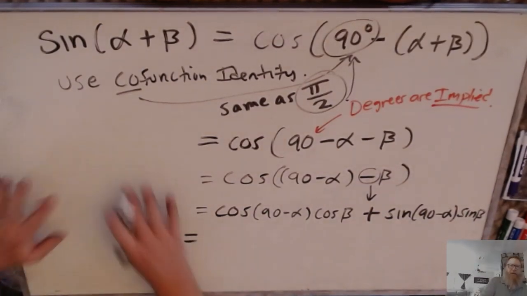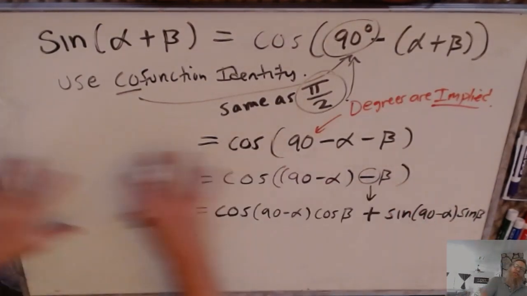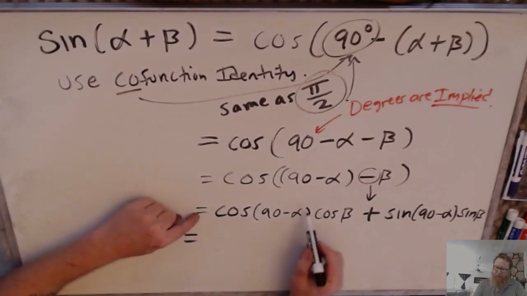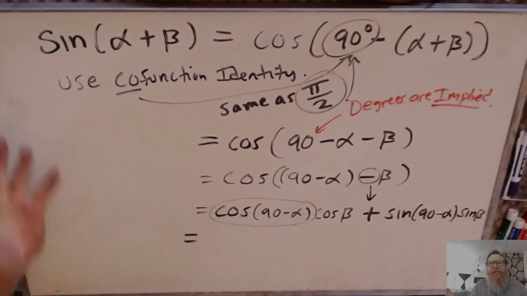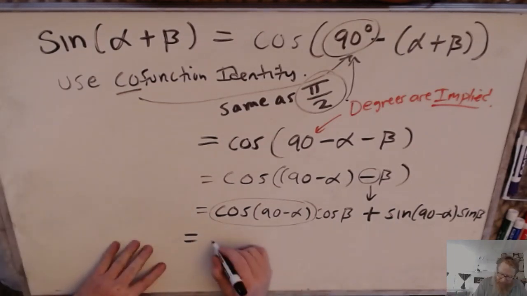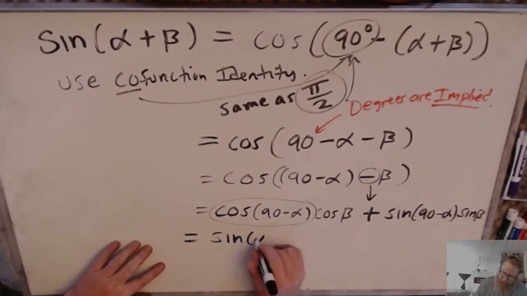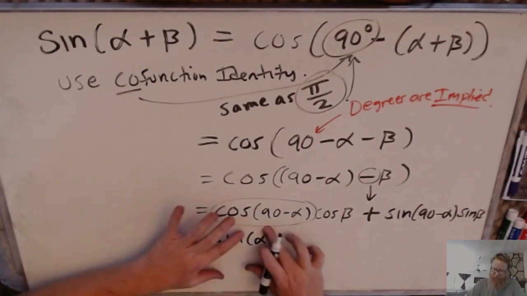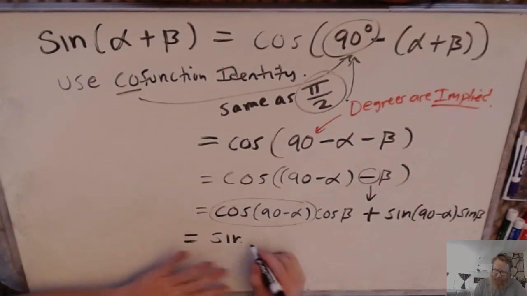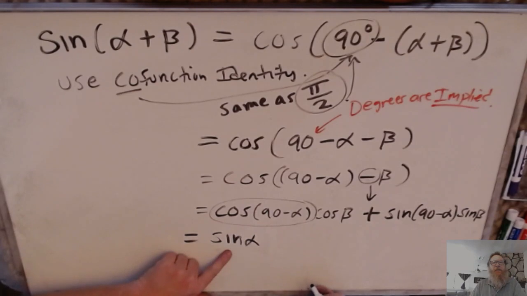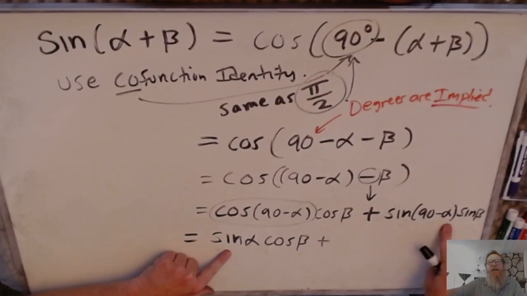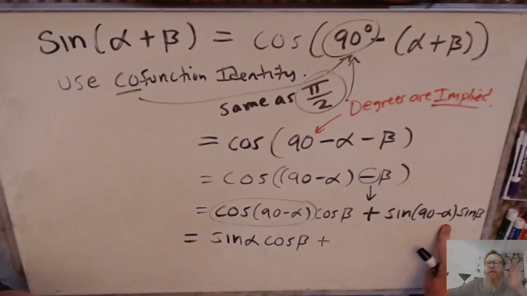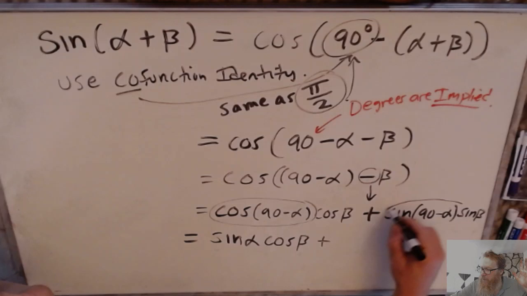I really am wasting a lot of space over here. I should have shifted all this over. All right, what is cosine of 90 minus alpha? It's a cofunction, so that's sine alpha. I don't even need the parentheses anymore. That's a cofunction identity. What's sine of 90 minus alpha? I think I can hear you through the internet.